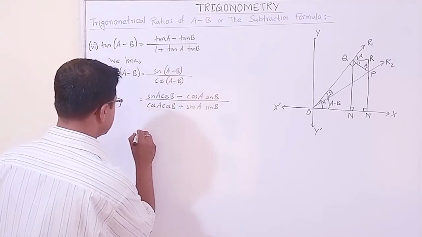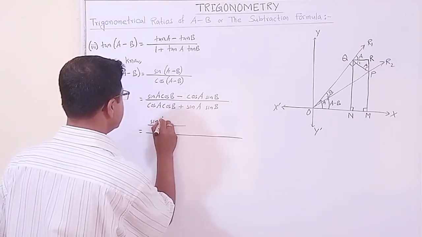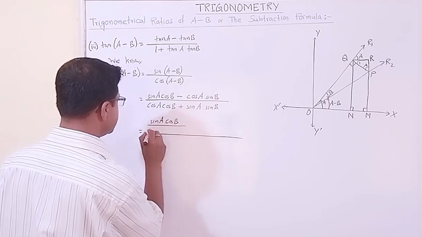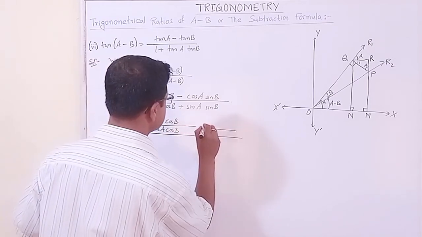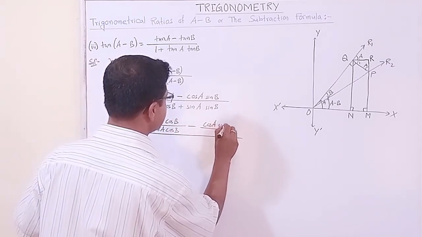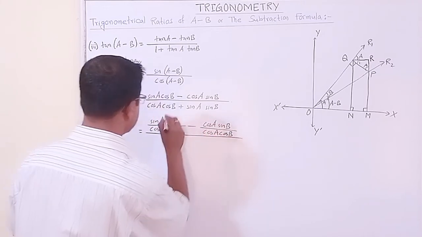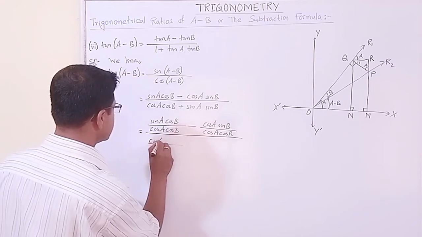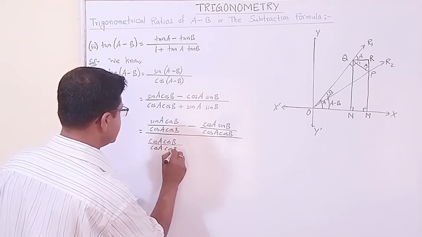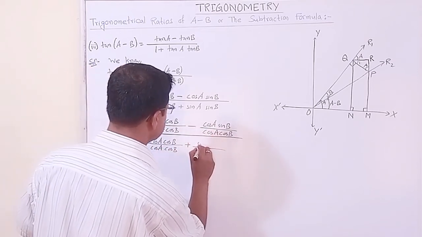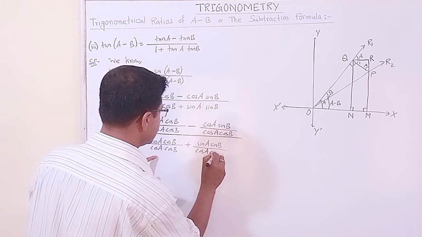Let us divide each term. sin A cos B divided by cos A cos B, minus cos A sin B divided by this same thing cos A cos B. Again this is very simple, cos A cos B divided by cos A cos B, plus sin A sin B divided by cos A cos B.